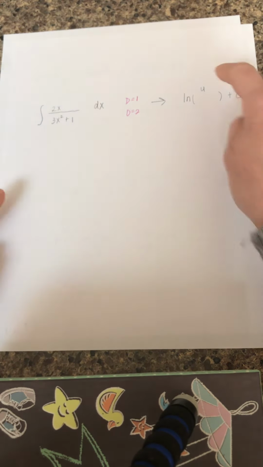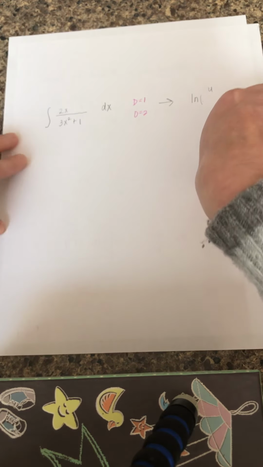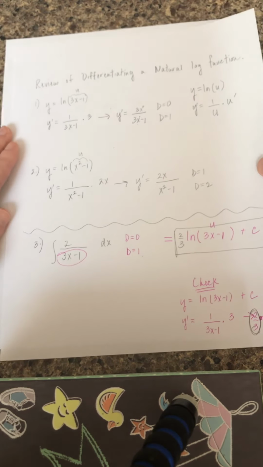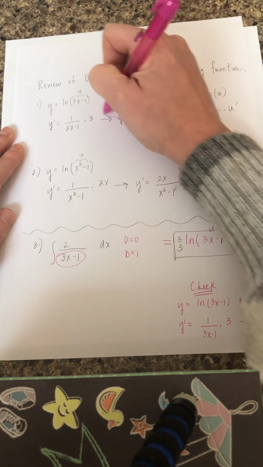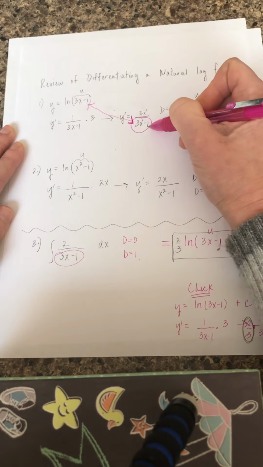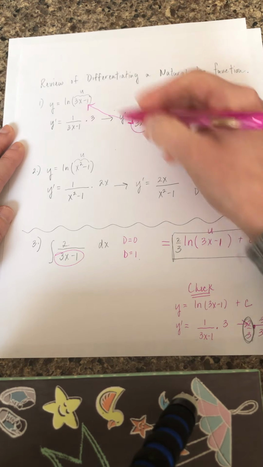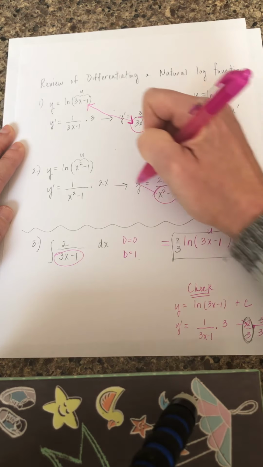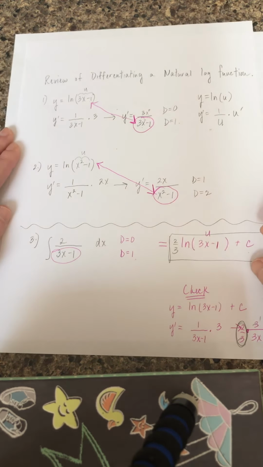So where is the u value? Well, the u value, as we saw in all of the previous examples, right? The u value was the denominator of our derivative, right? Same thing here. Okay.